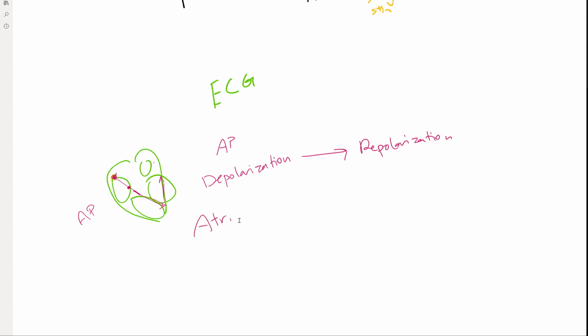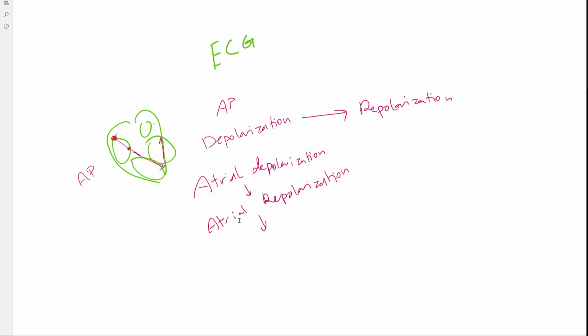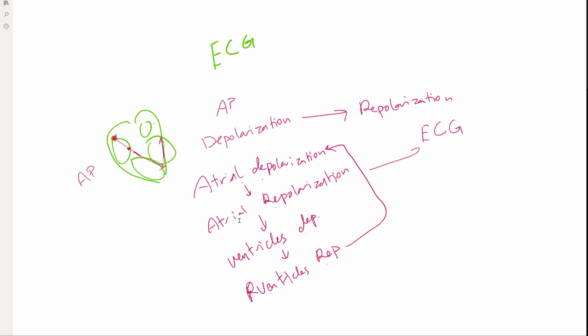It will be atrial depolarization, then atrial repolarization, then ventricle depolarization, followed by ventricle repolarization. Okay, so each area got depolarized and repolarized. What happens after ventricle repolarization? We'll start again.